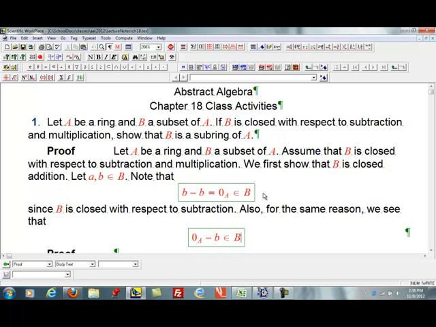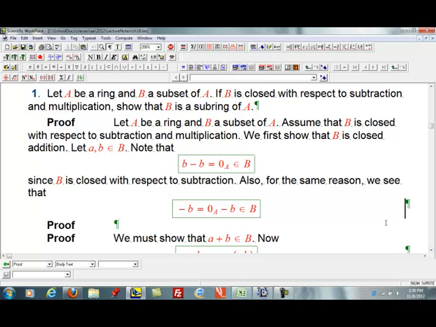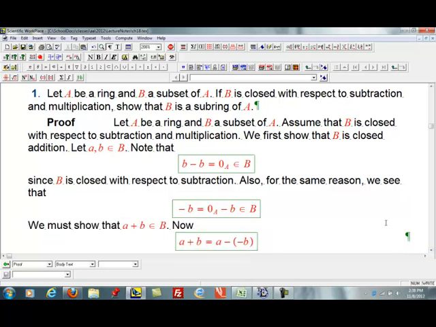B is closed under subtraction, right? I know 0, the identity, is in B, and B is in B, so negative B has to be in B. So now that we have negative B in B, what can we conclude?